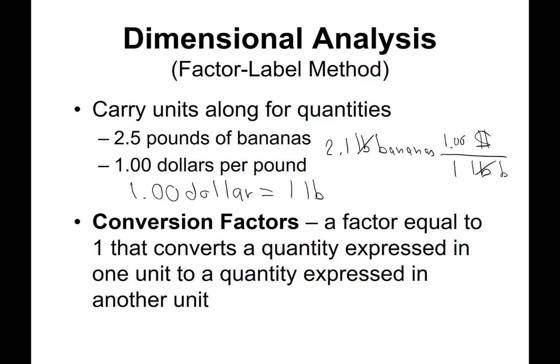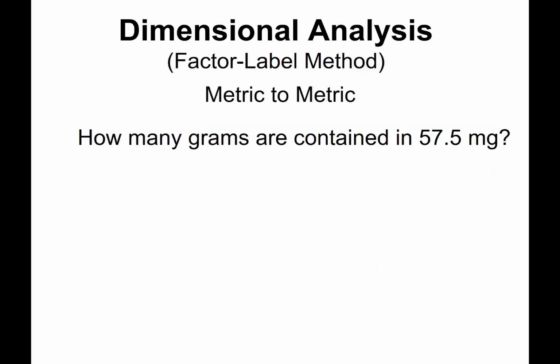And I should write bananas so that bananas cancels as well. We will see this for conversions between grams of a reactant and grams of a product. So this is called the conversion factor method or factor label method.